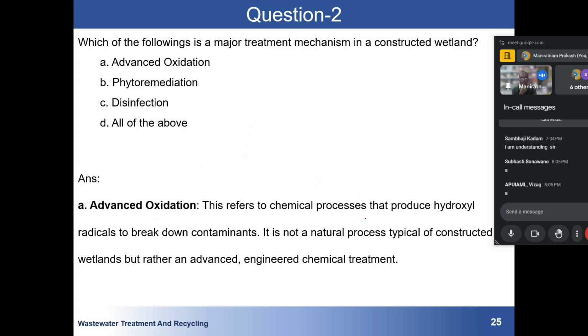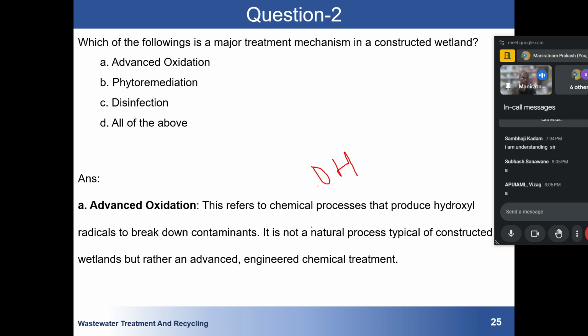So this refers to the chemical process that produces hydroxyl radicals. If you remember, in the last class we discussed the hydroxyl radical, OH dash OH. This is not a natural process typically found in constructed wetlands, but rather an advanced, engineered chemical treatment.